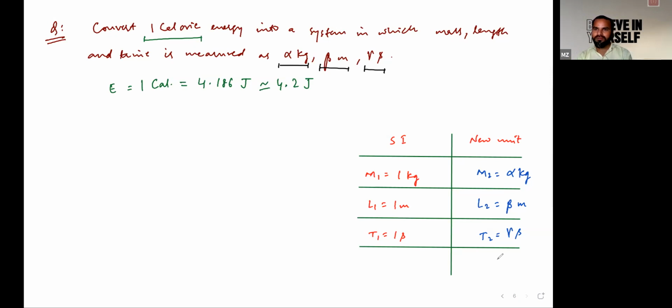Umar, check the exponential of alpha and beta. And there would be no plus sign in between them. Sir, what will be negative?